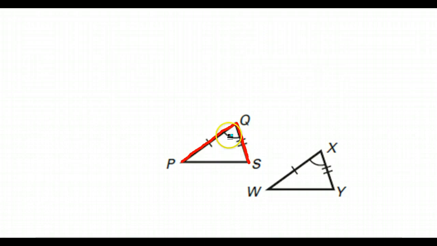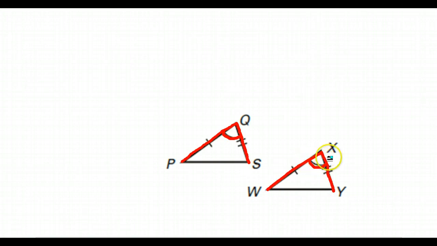Now, when they talk about the angle that's congruent, it has to be the angle that is formed by the congruent sides. It has to be the angle that's in the V. It can't be one of these angles out here at the opening of the V. So same thing over here. There's a congruent side, there's a congruent side, and it had to be the angle in the middle between them.